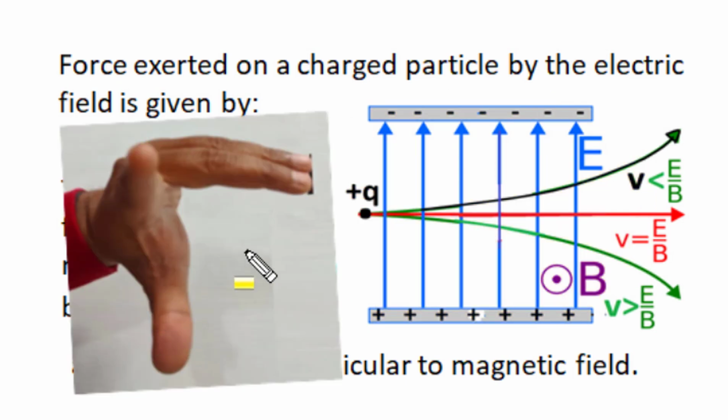When thumb, forefinger and middle finger of the left hand are stretched mutually perpendicular, this forefinger, the directional finger, indicates the direction of magnetic field perpendicular to this yellow highlighted region towards us, and this middle finger indicates velocity vector direction of moving charge. Then this thumb indicates the direction of force in downward direction by magenta arrow, opposite to the direction of electric force.